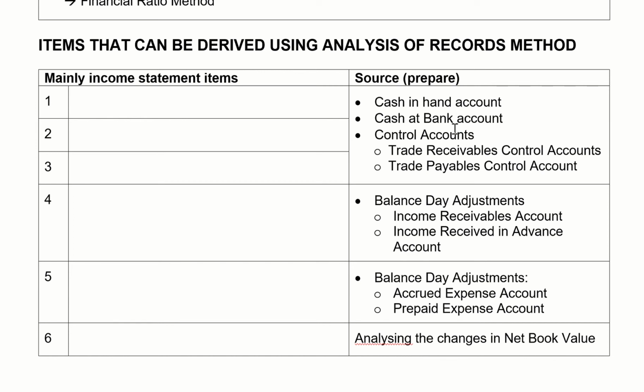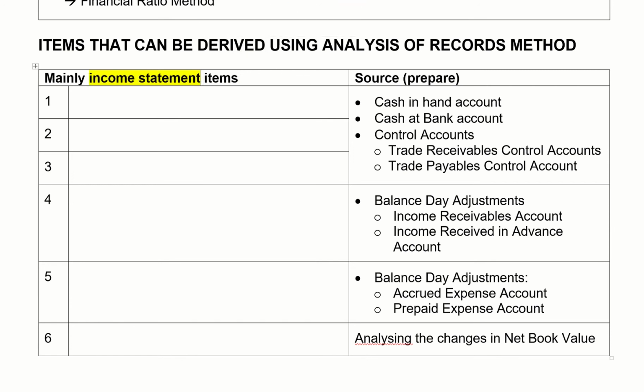So in the incomplete records methods, we are actually trying to find out, you're like a detective, what are the items in the balance sheet as well as in the income statement. Now, the analysis of records methods mainly helps you to derive the income statement items.